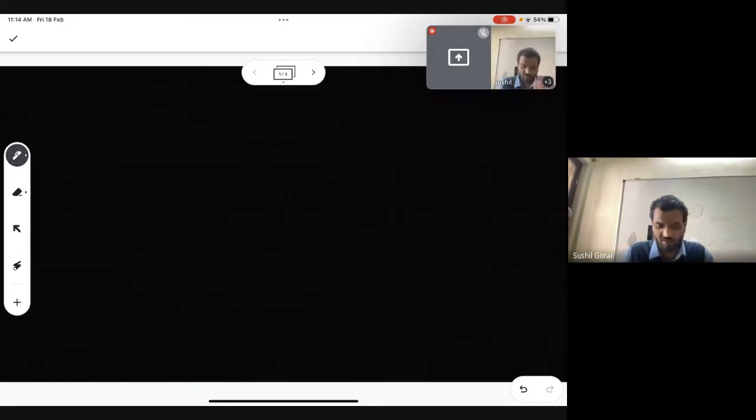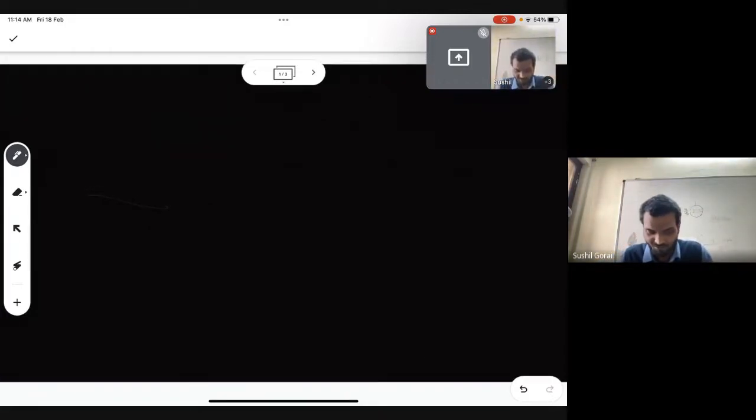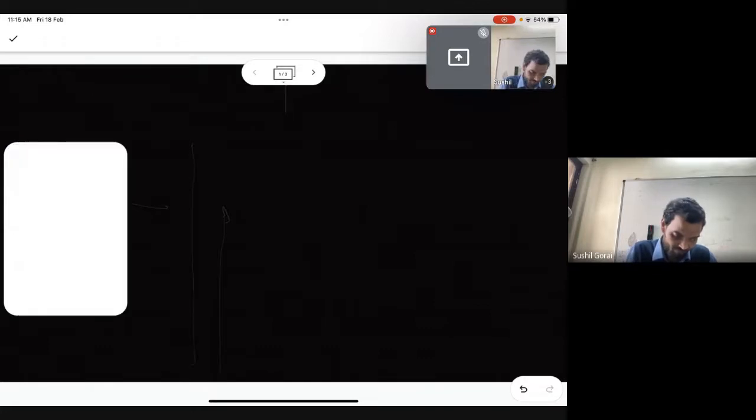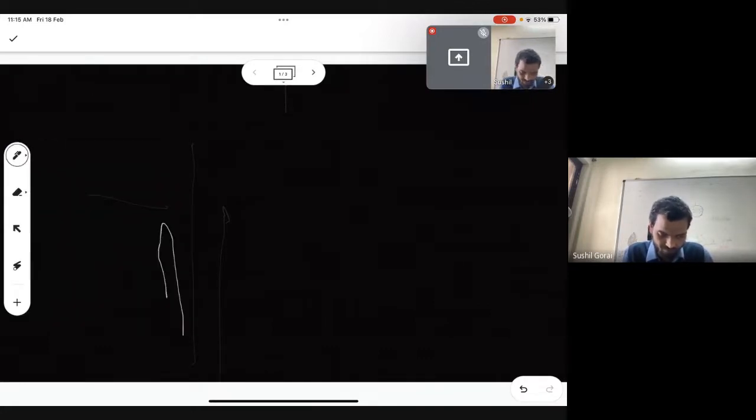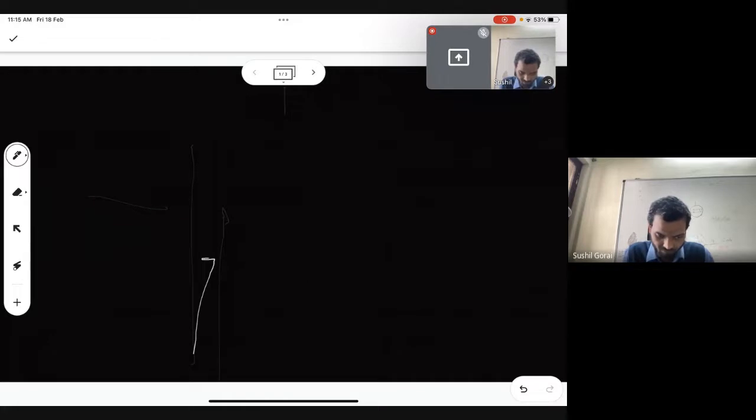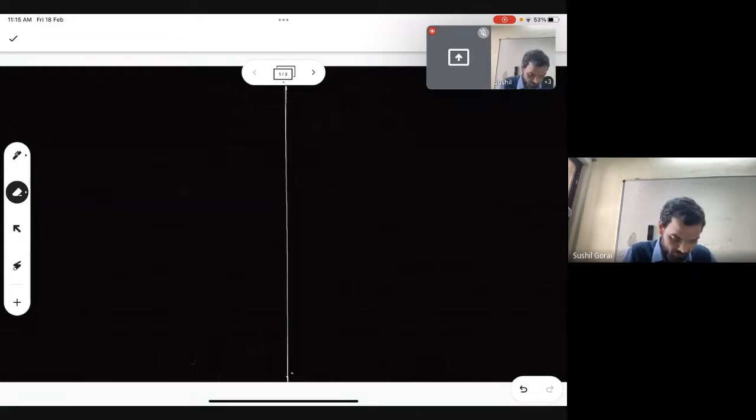So in class, the graph of a smooth function, why do you need smoothness? So today is 18.